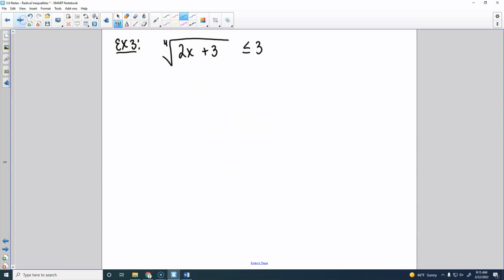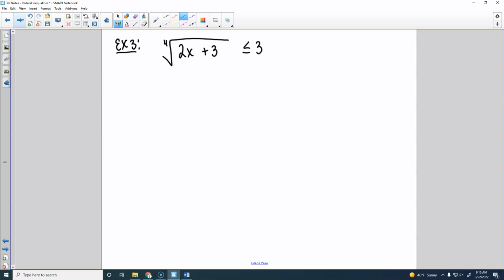All right, well, let's go to our next one. Now, this problem is not a square root, it's a fourth root.